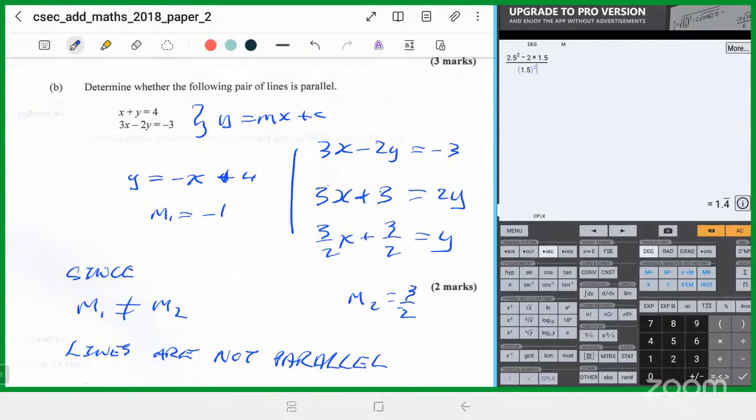They're not perpendicular either, because if they were perpendicular, when you multiply these two, you get -1. So basically the lines are not parallel because the gradients are not the same.